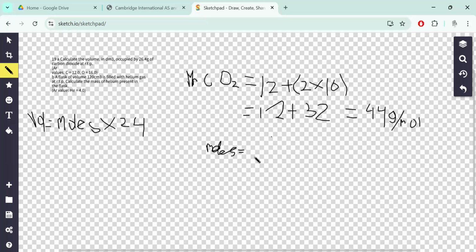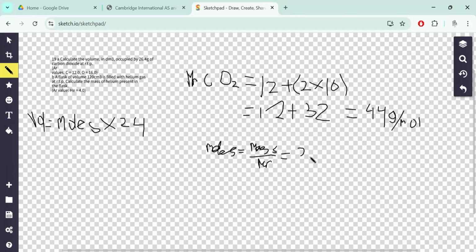So the moles would be mass over molar mass. So here we're going to write down the mass, divided by the Mr value. For the mass, it's already stated in the question, that will be 26.4.